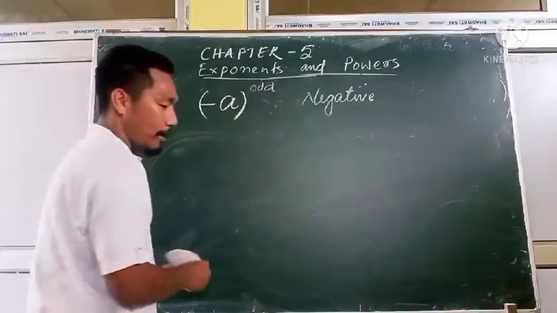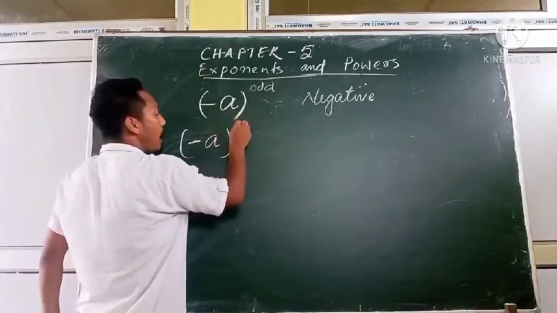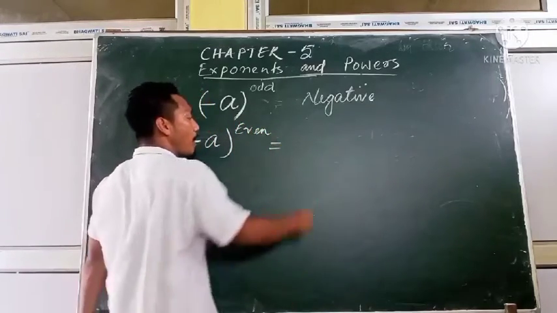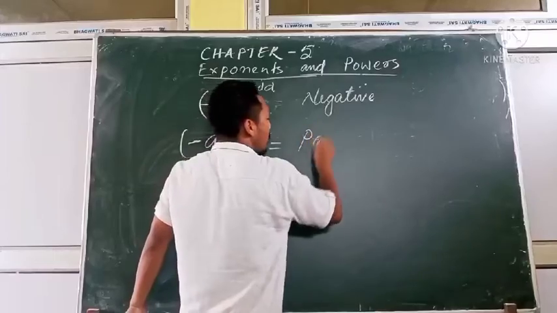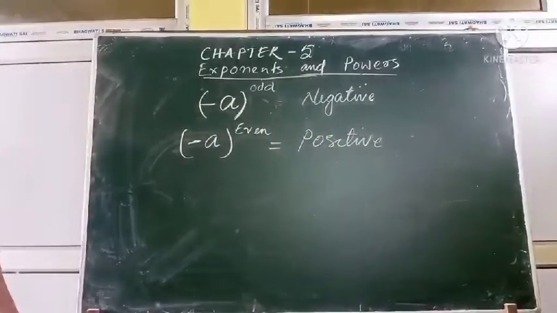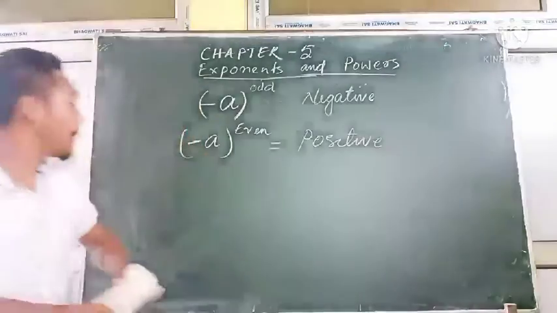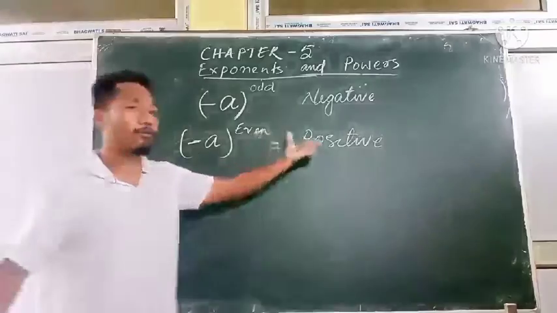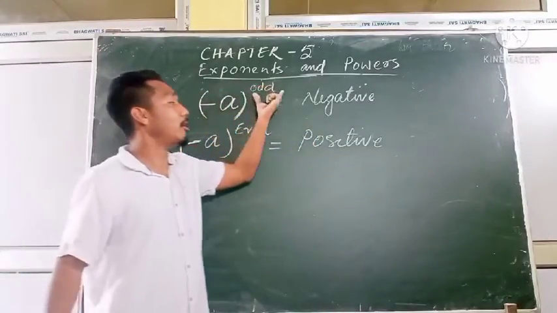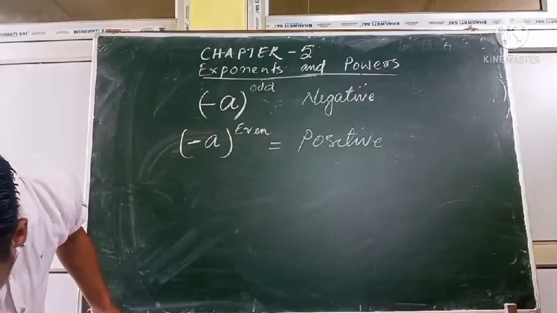Next, if the base is negative but the power, exponent or index is even, then you will always get a positive number. So these two things you have to remember. Negative base with even exponent gives positive; negative base with odd exponent gives negative.